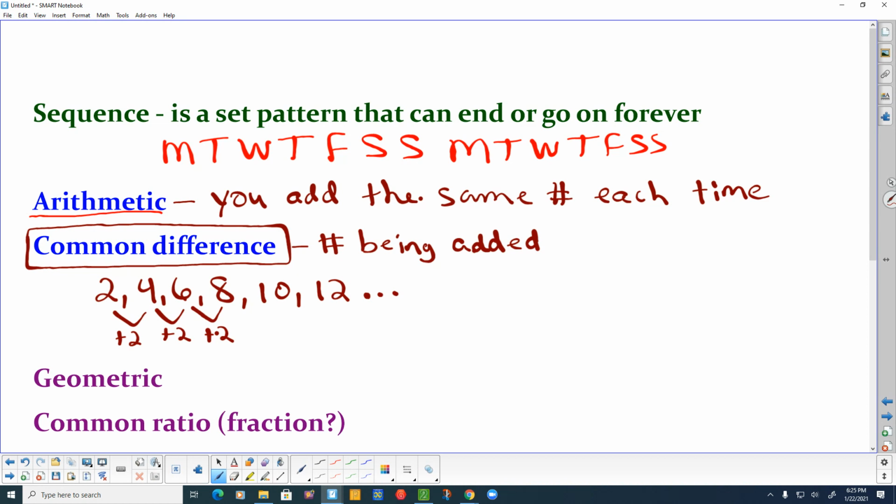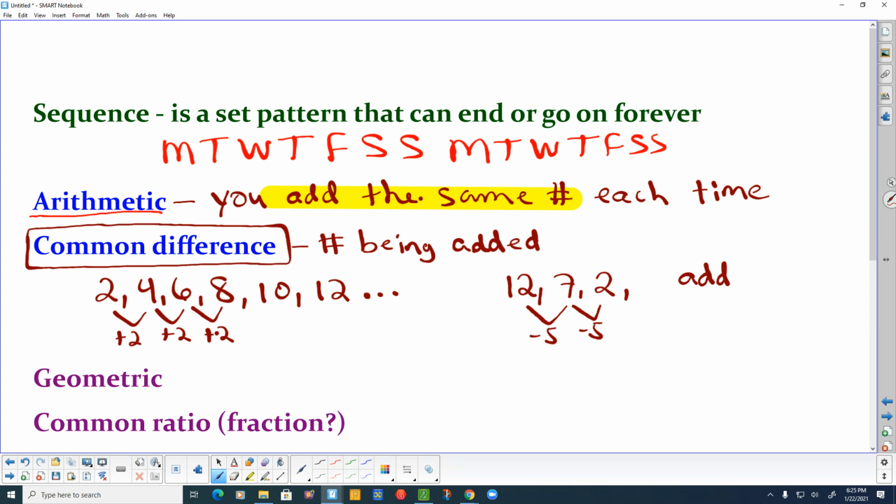What if the arithmetic sequence is doing this, though? Let's try another one. I told you that an arithmetic sequence is a sequence where you add the same number each time, right? But this one does not look like it's adding. It looks like it's subtracting 5. Well, the rule is you're adding a negative 5.